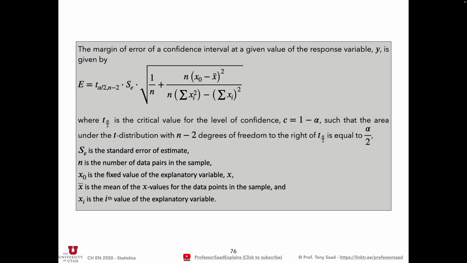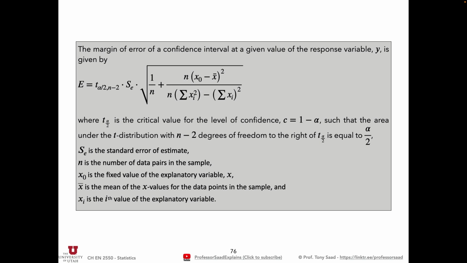Now, the margin of error for a confidence interval is given by this formula. It's similar to the margins of error that we did before when we did confidence intervals. There's a t value, and then there's a standard error, but then there's a square root of something.